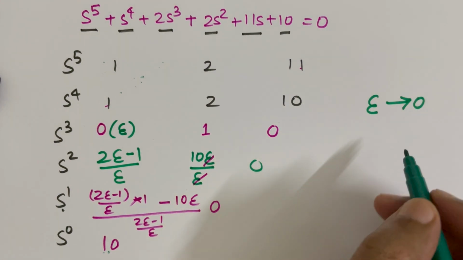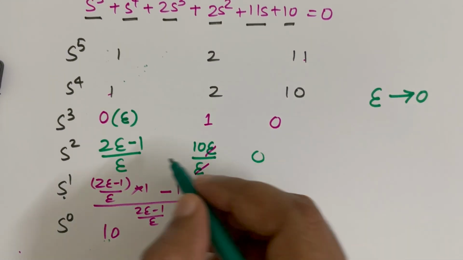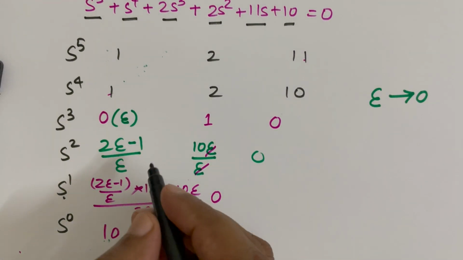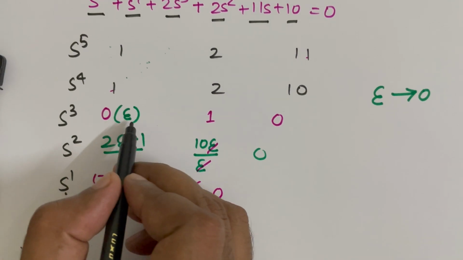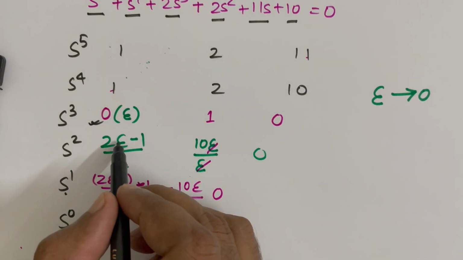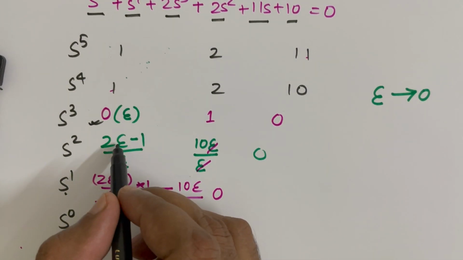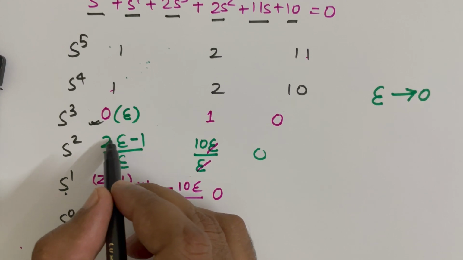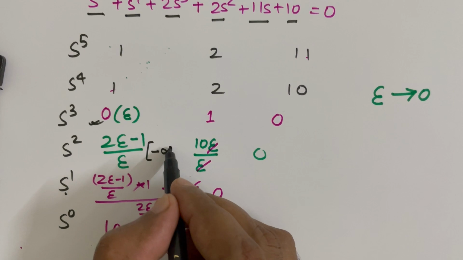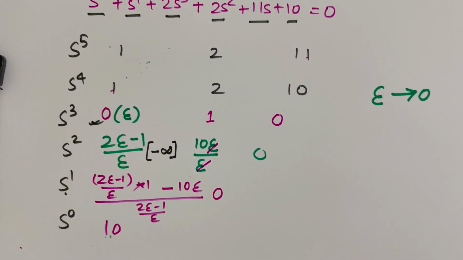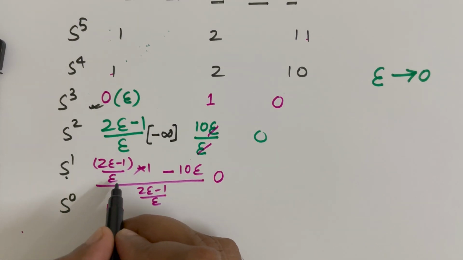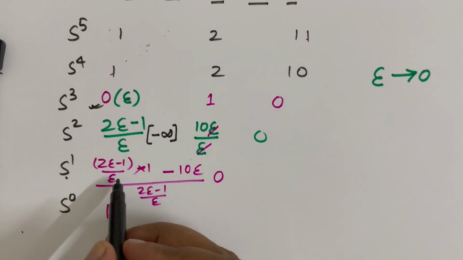Now apply epsilon tends to 0 for each of the columns, and I will write those values in the bracket. So obviously this will remain 0. Here if I put epsilon tends to 0, this is 0 minus 1 by 0, which is roughly minus infinity. And here, with epsilon tends to 0, we can actually solve this.